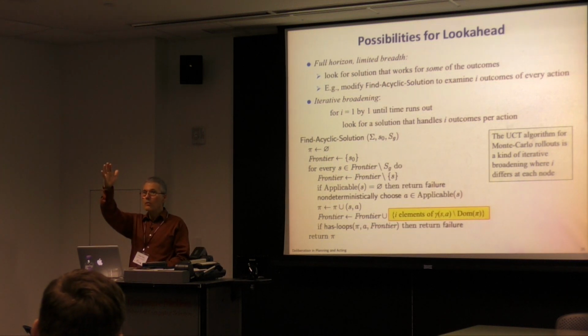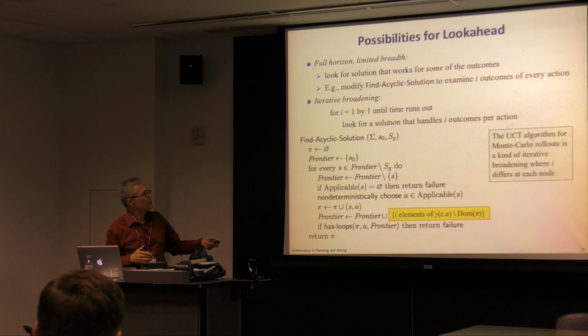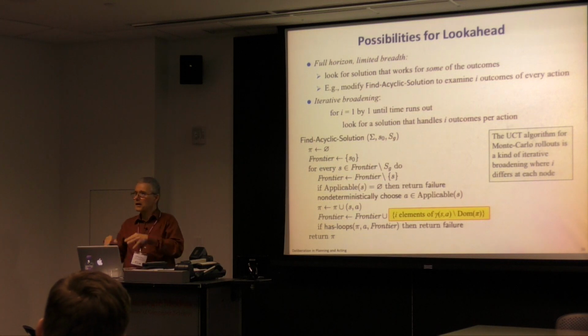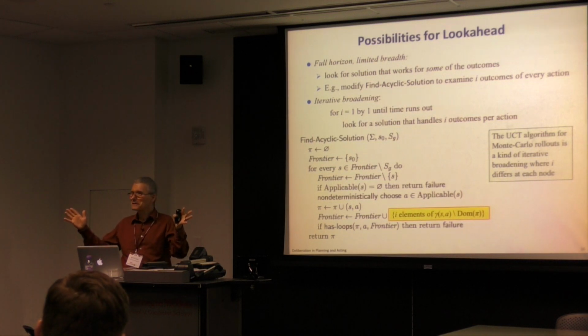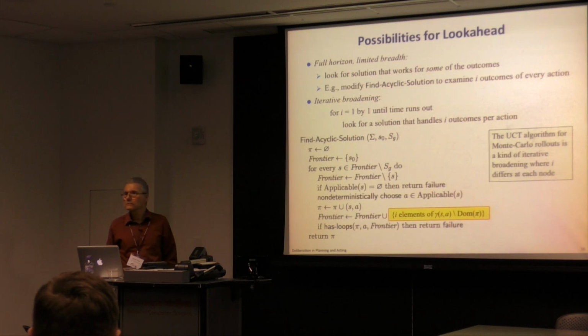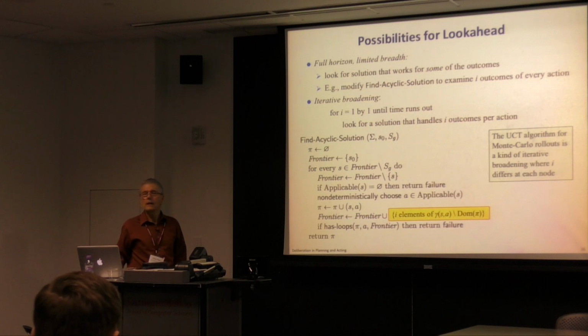Monte Carlo rollouts did, and it was something along this line. And then UCT, or something again similar to UCT, was used to train AlphaGo. And I assume you've all heard of AlphaGo, yes? Okay. So you can express it, if you want, as a kind of iterative broadening where the value of I differs at each node. I won't go into that.